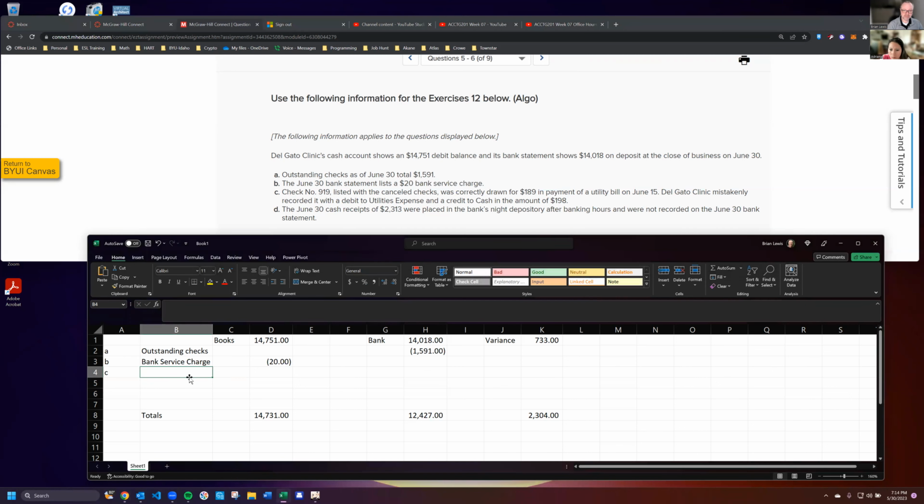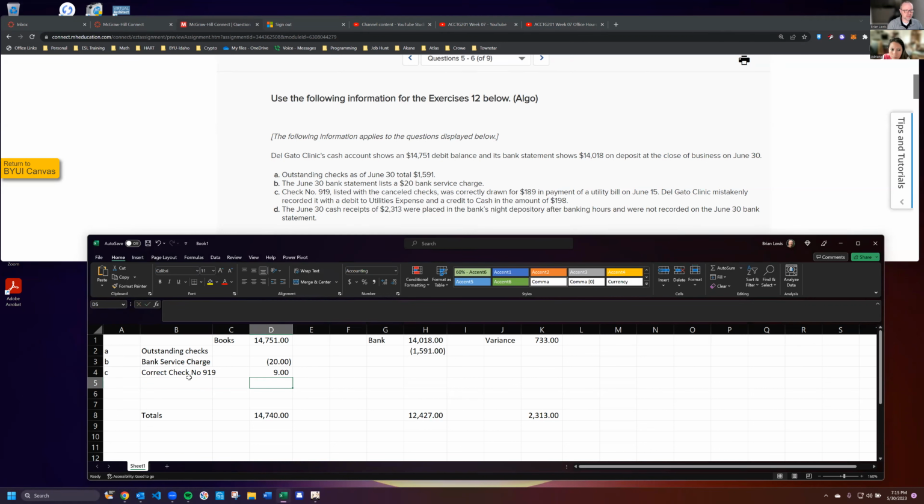So really correct check number. So it's in book balance, right? It's going to increase the balance, right? Because you originally took out 198, but you should have only taken out 189. So essentially, you're going to put the 198 back in, and then you're going to subtract out the 189.